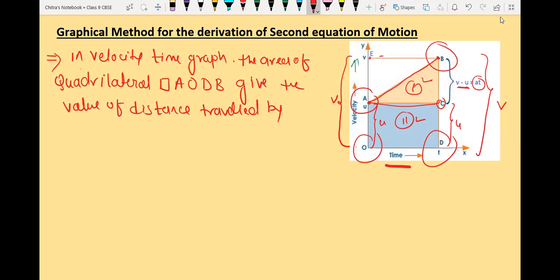So it gives us information of the distance traveled by an object, and that same question was on your Sunday's test also. So the area of the quadrilateral AODB gives the value of distance traveled by an object.